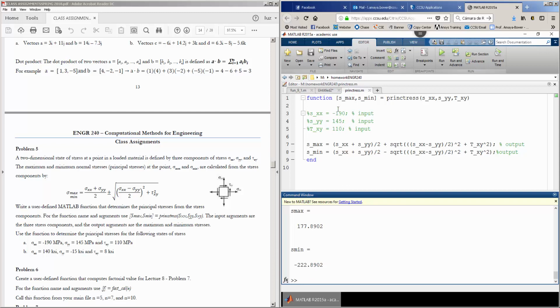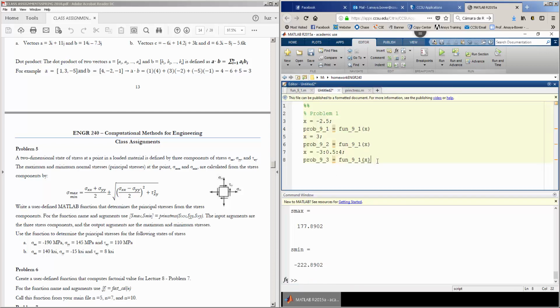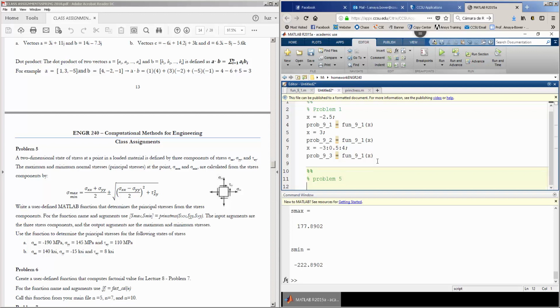If you were doing it in your homework, once again, you go to your problem. So we are under problem 5. So you enter the desired values, s xx is going to be 190, s yy is going to be 145, and tau xy is going to be 110. So when you call it, once again, you have to ask for two outputs.